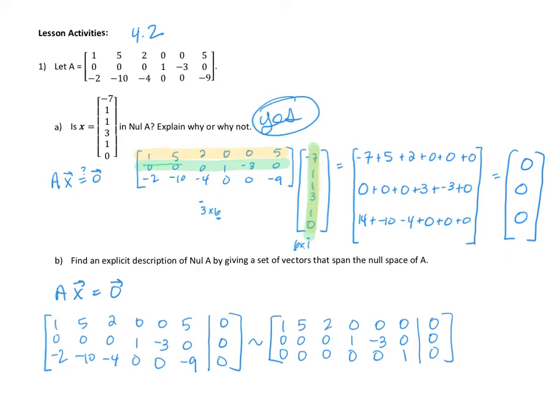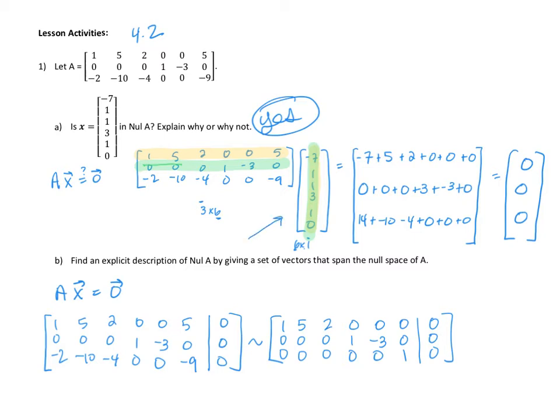Okay, so this is consistent because none of my rows translate to 0 equals a number. So we know there are vectors that can make this true, which I should have known from part A because I have one right here.